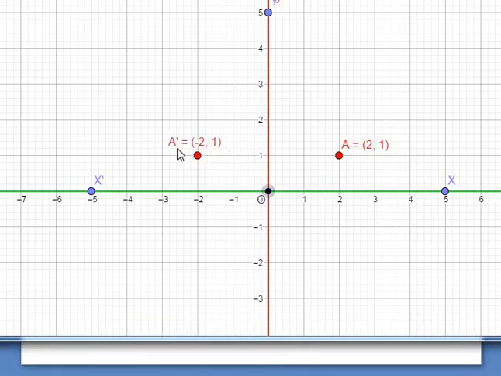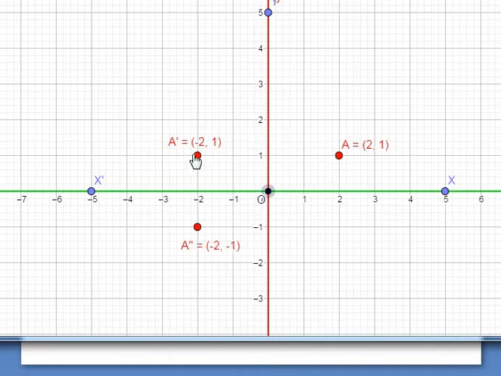This is the image of A under reflection about the y-axis, and the image thus obtained is reflected about another line, the x-axis. Then we get another image of the image, that is A double prime (-2, -1).